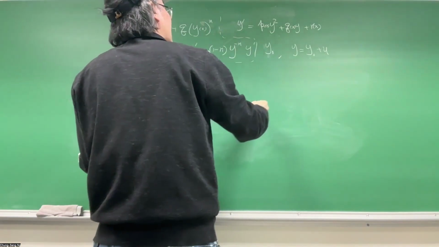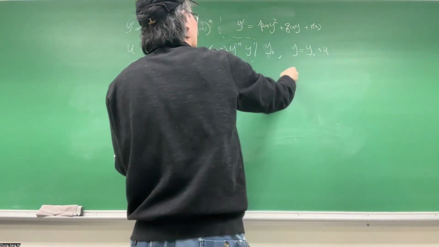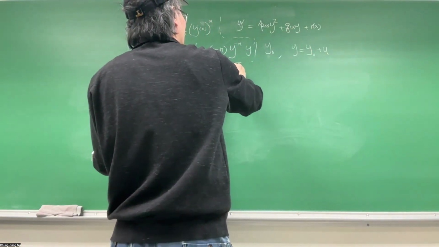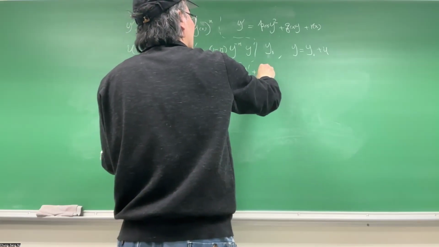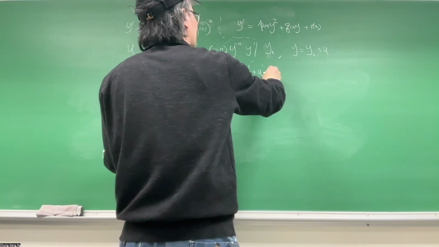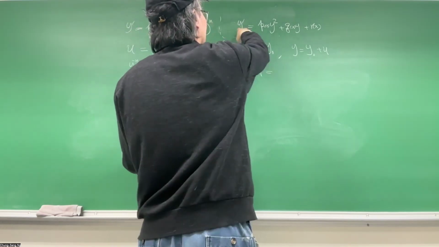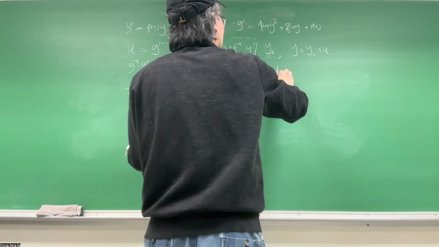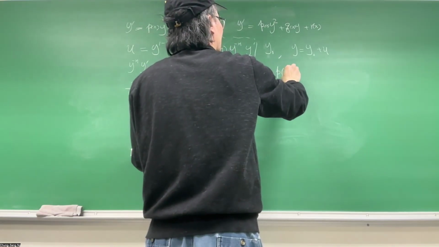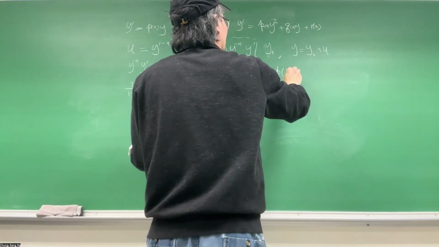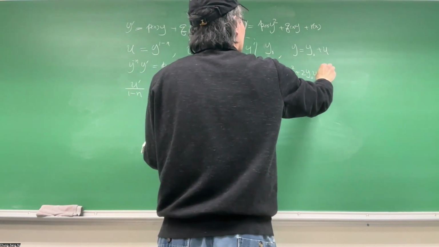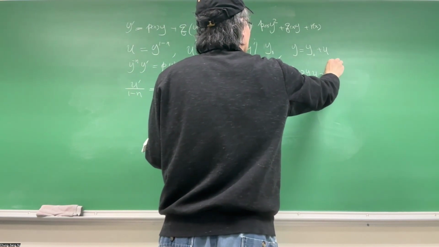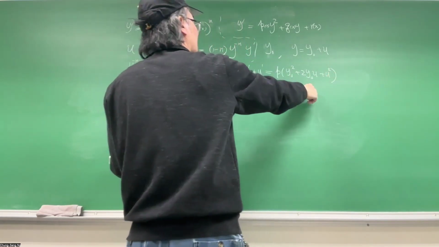Okay, and I substitute this into here. y prime is y0 prime plus u prime, right? And so that's the left-hand side. The right-hand side becomes p, and then y squared becomes y0 squared plus 2 y0 u plus u squared, right here.